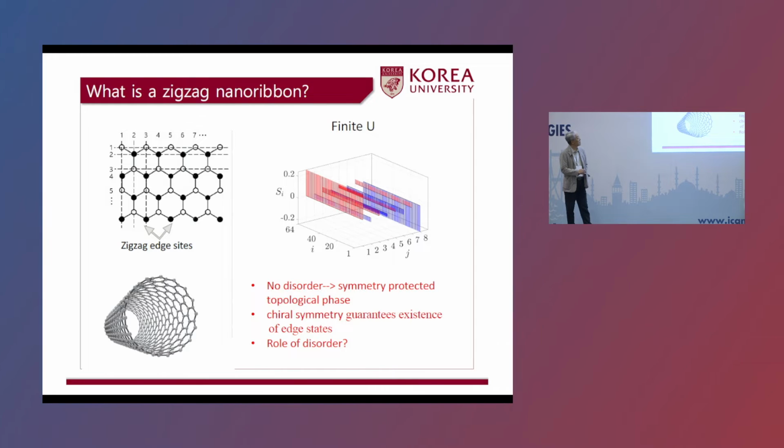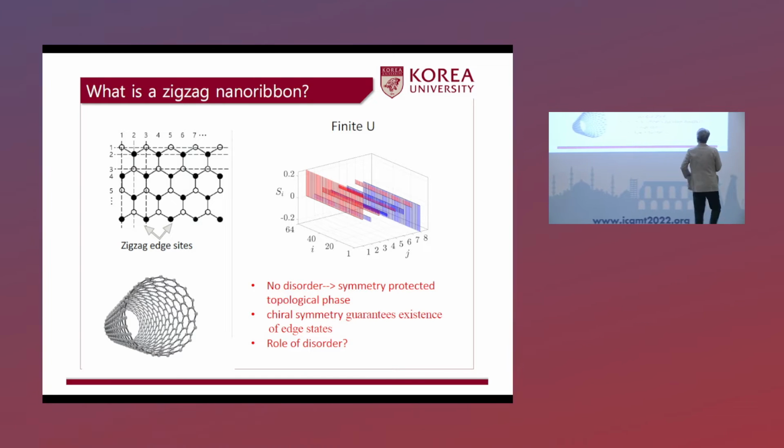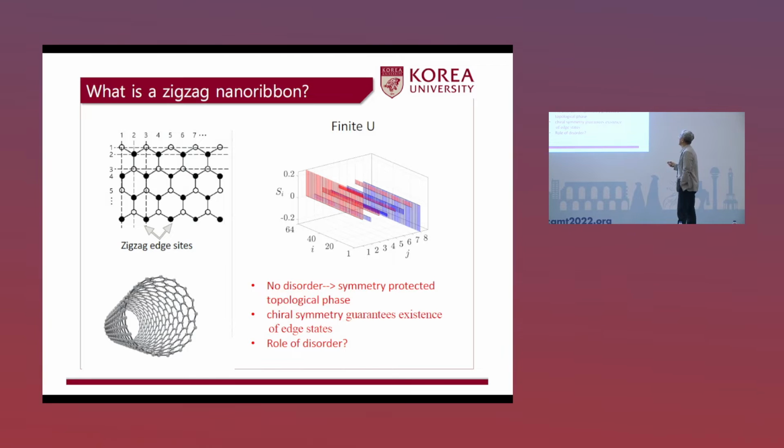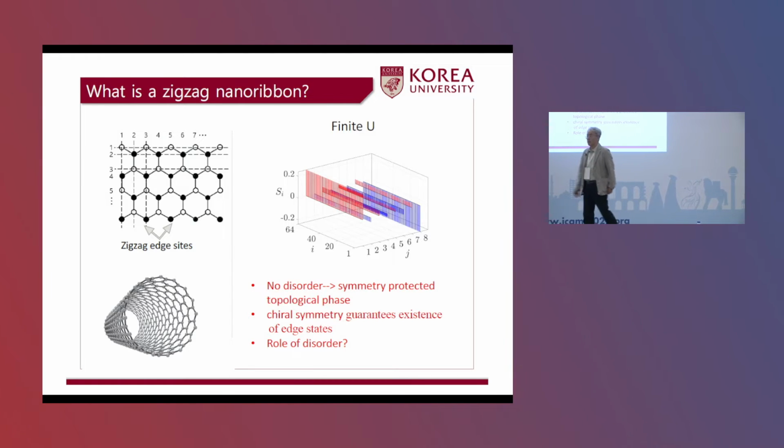And at the cylinder edges, you have zigzag edges. Now, if you use the Hubbard model and calculate the site magnetization, then you find that the left edge is ferromagnetically polarized, and the right zigzag edge is also ferromagnetically polarized. But those two edge magnetic polarizations are antiferromagnetically coupled.